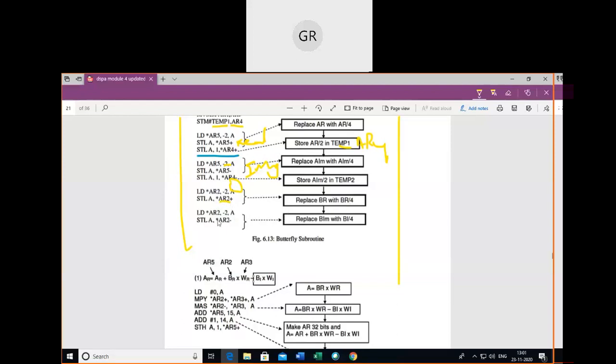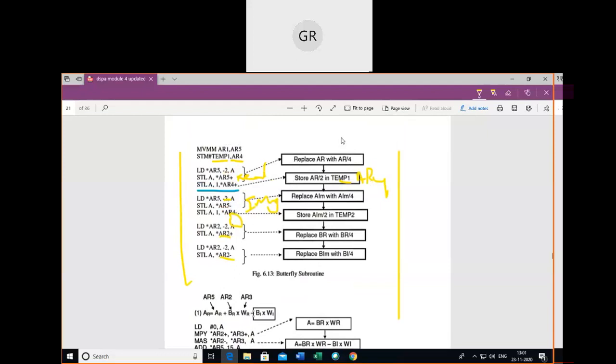Then similarly AR2 minus, which stores the imaginary value. Load star AR2 comma minus 2 comma A, then store A in AR2 minus. That means replace BIM with BI divided by 4. Just remember this program. This one is the scaling program.